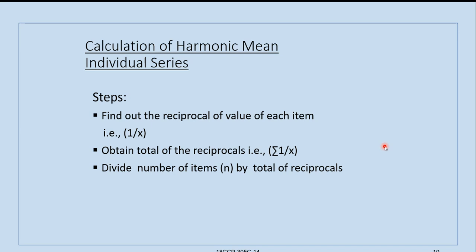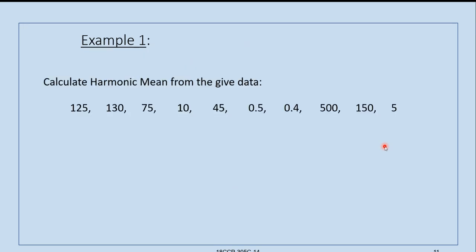We will see one example for this. Now we will take some data and then we will calculate the harmonic mean. 125, 130, 75, 10, 45, 0.5, 0.4, 500, 155.